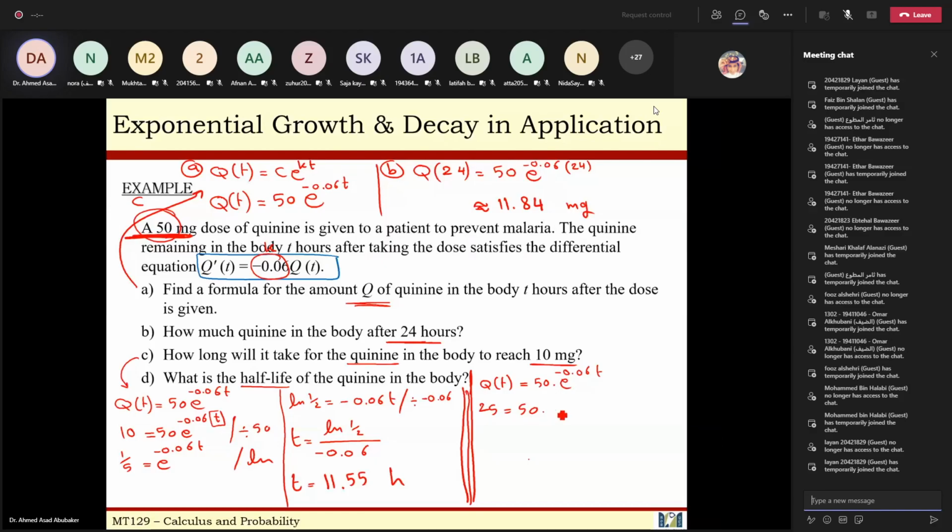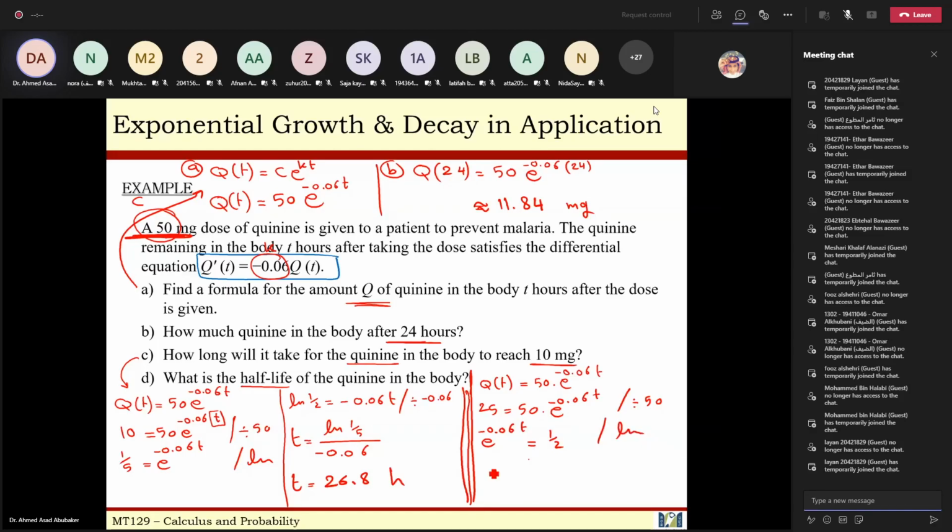So 25 equals 50 e to the power negative 0.06 T. Divide by 50, so we have e to the power negative 0.06 T equals half.